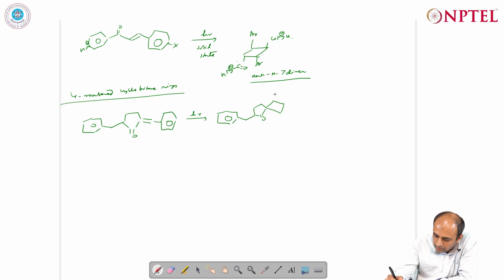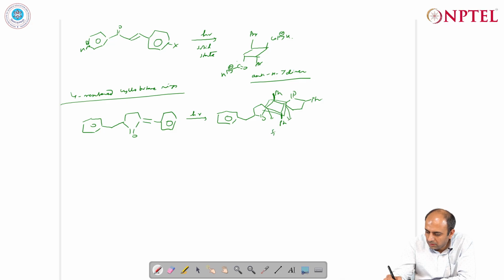So now we have the phenyl here, and then we have, so you can see it forms this 4-membered cyclobutane ring, and it forms the spiro system as well, the dispiro system. So the 2+2 dimerization leads to the formation of this kind of photoadduct.